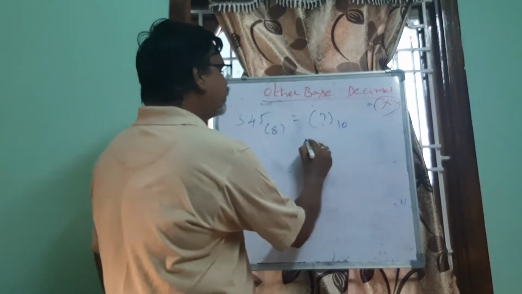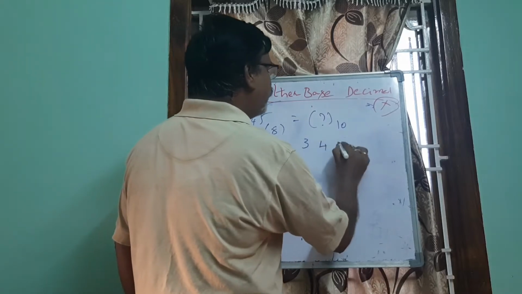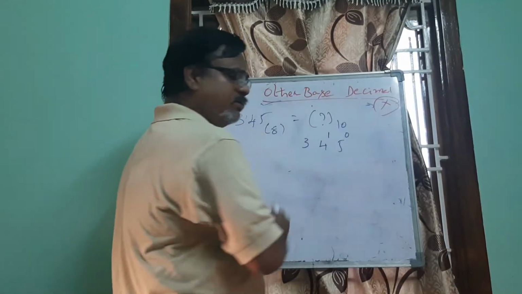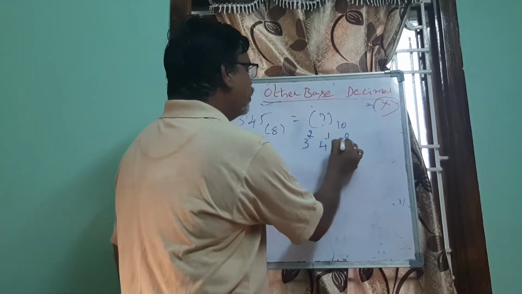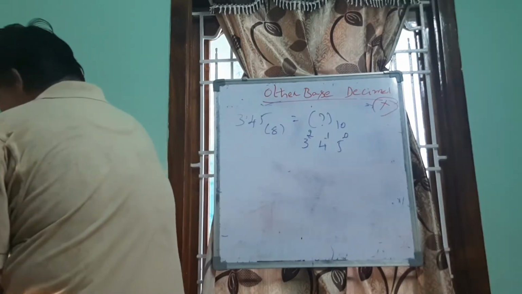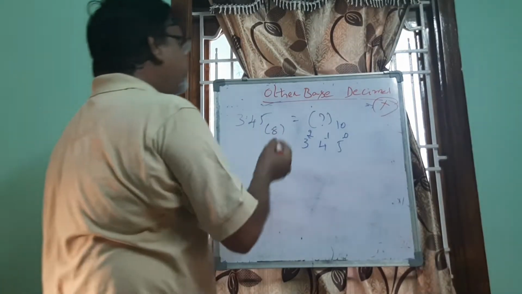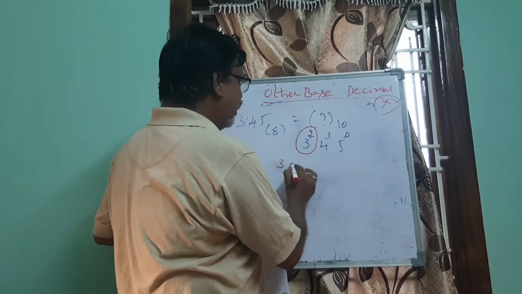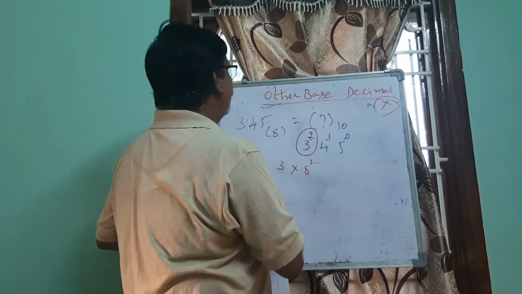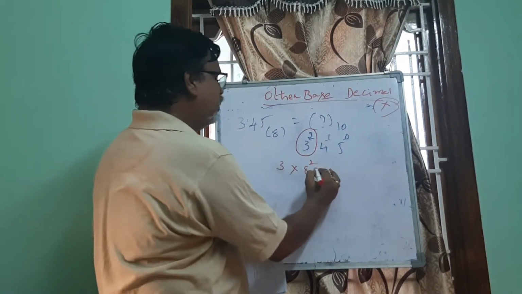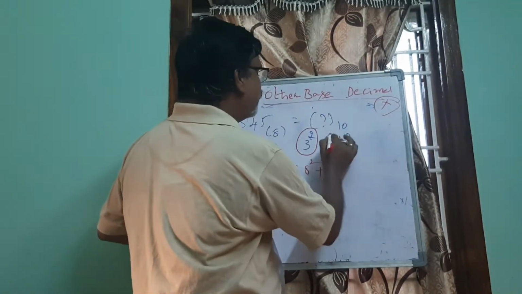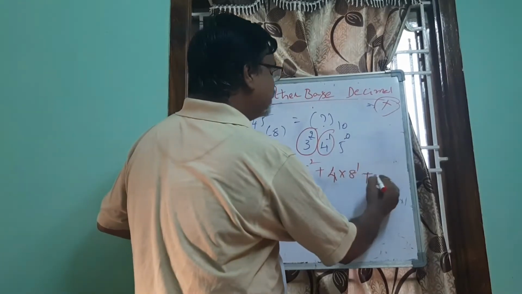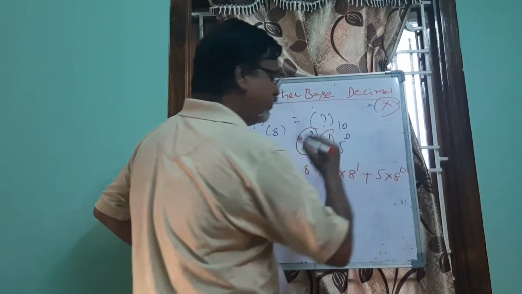As I told you, we have 3 positions here: 0, 1, 2. First you write the positions. And then you multiply these with 3 into 8 square, why? The number is given here, 8 square, plus 4 into 8 power 1 plus 5 into 8 power 0.